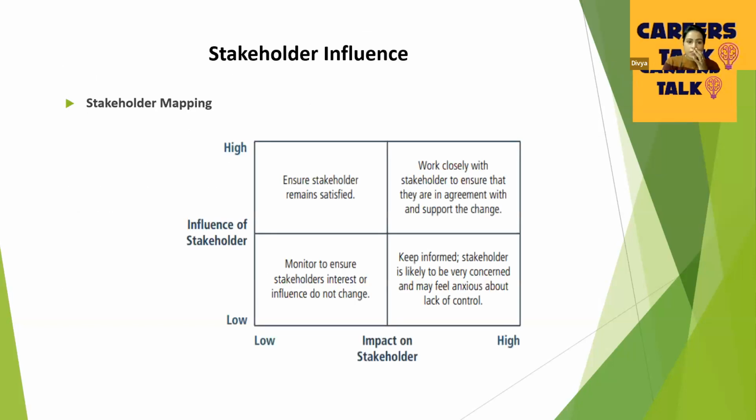When we see the stakeholder mapping, we have a simple matrix showing the x-axis with the impact on the stakeholder, and the y-axis giving the influence of the stakeholder. When there is a low impact on the stakeholder and low influence of the stakeholder, you should monitor that.